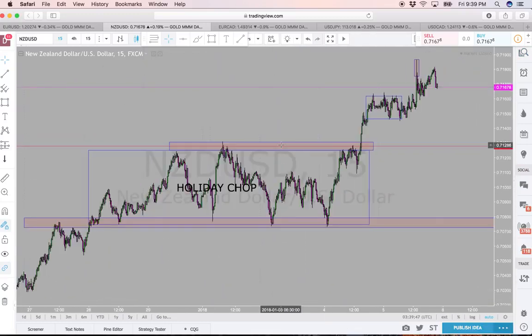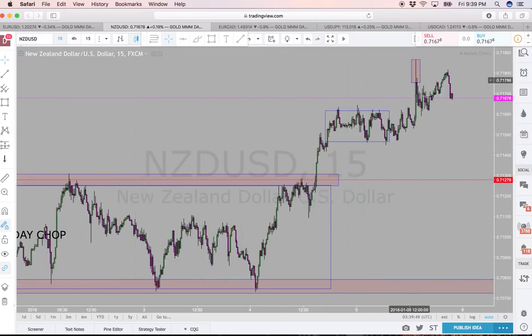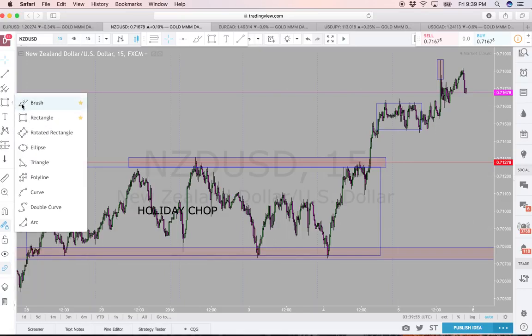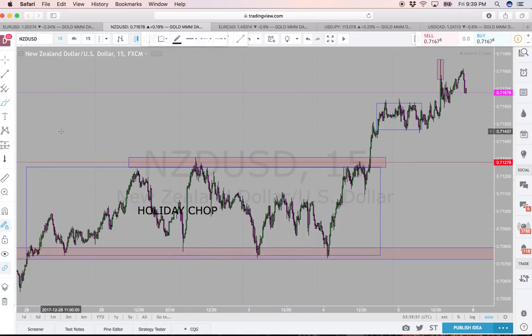NZD US dollar. We have a very similar formation here. I also wanted to talk about the holiday chop, which was affecting a lot of pairs. Basically, over the holiday, not many people trade. So the dealer knows this, and I'm not sure if there's actually a conscious human dealer.